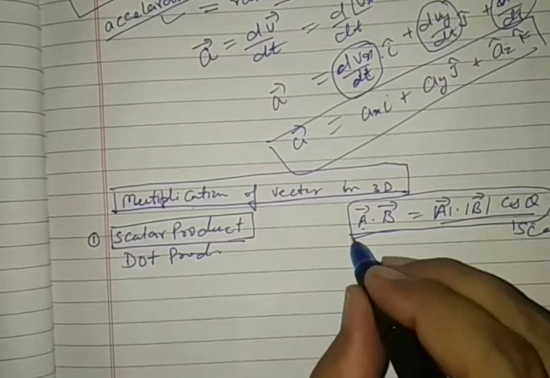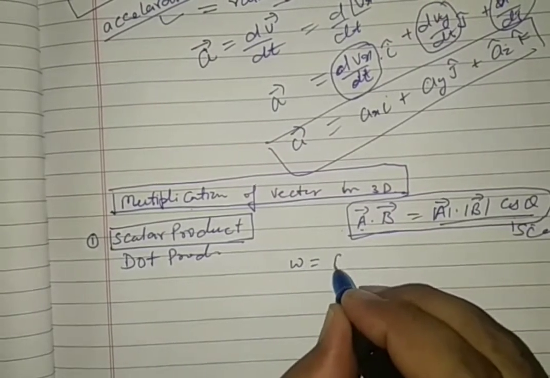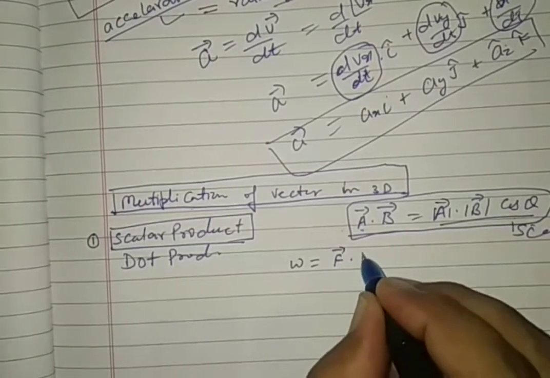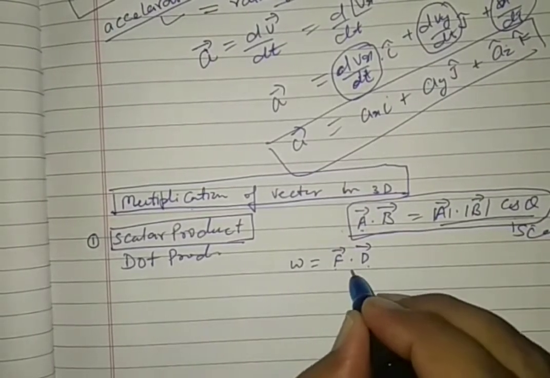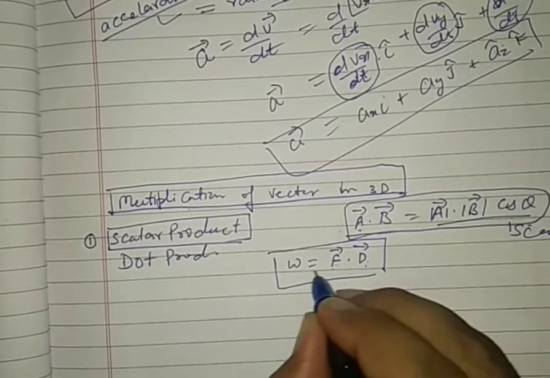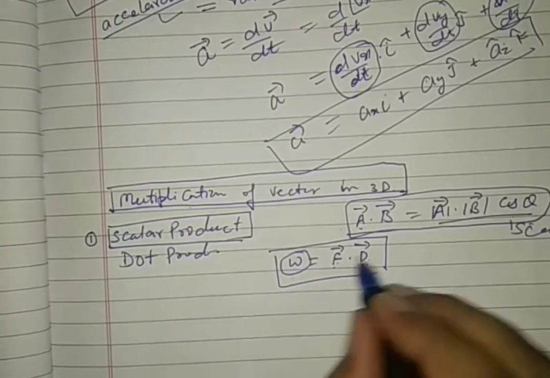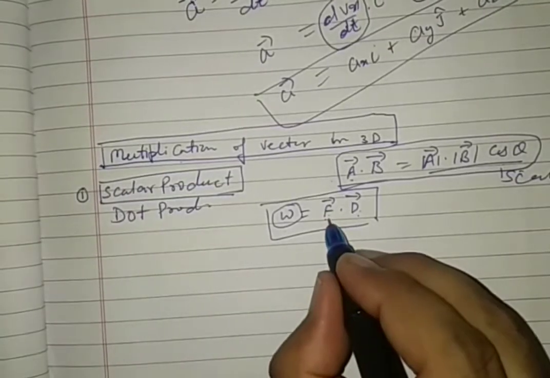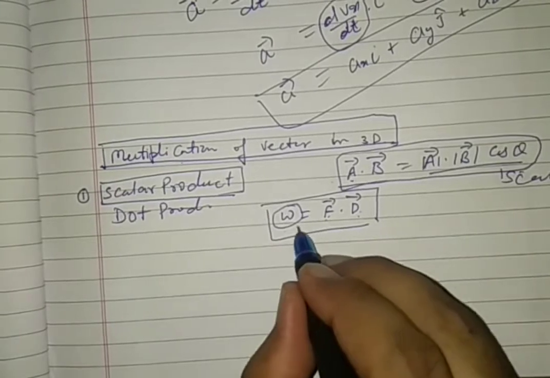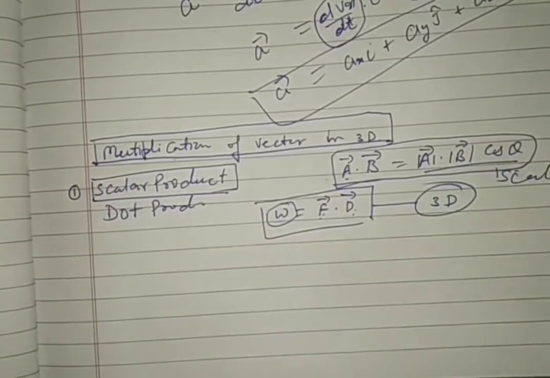When I was explaining, I gave the example of work. It is force and displacement. Force and displacement are both vector quantities, and their dot product is always a scalar. Work is a scalar quantity. So by this example, we will understand this multiplication in 3 dimensions. See carefully here.